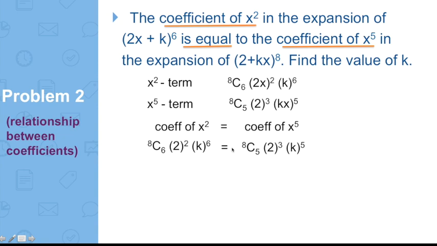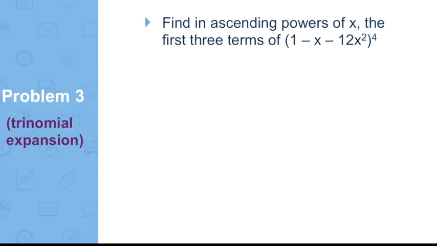Okay, so this is now our working equation, and what we want is to find the value of k. So just simply evaluate this, and then of course cancel out the common factors, and we will get k is equal to 4.